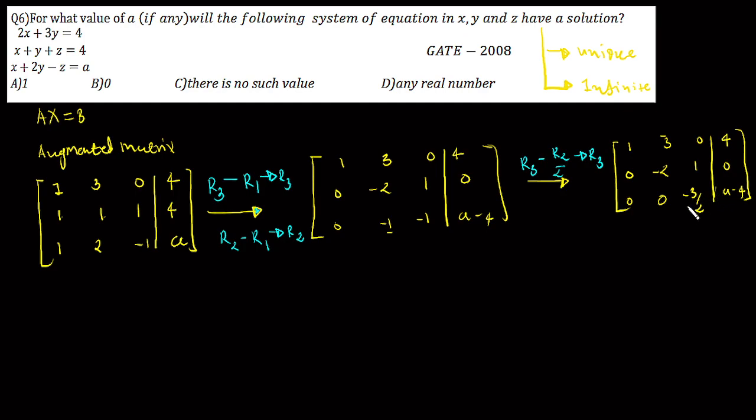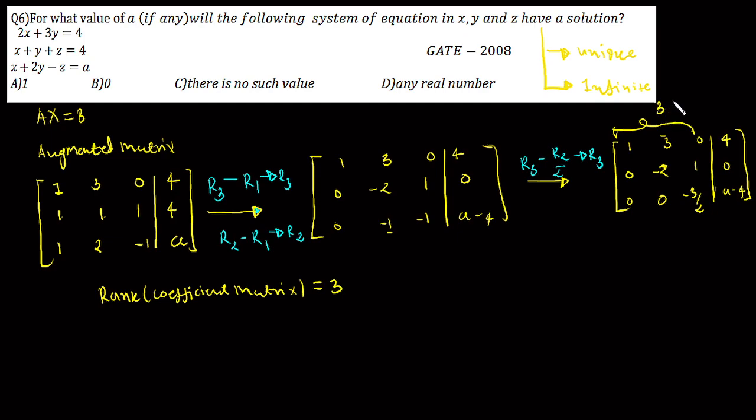So now if you check the rank of this coefficient matrix, here it has an entry of 2. Let's write it here: the rank of the coefficient matrix has rank 3, because there are 3 linearly independent rows or columns present in this matrix A. Here I am talking about this 3 cross 3 matrix.